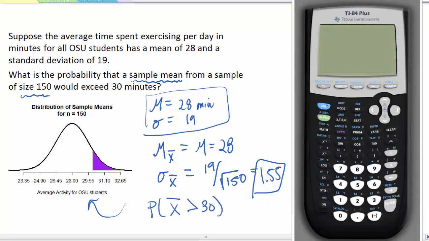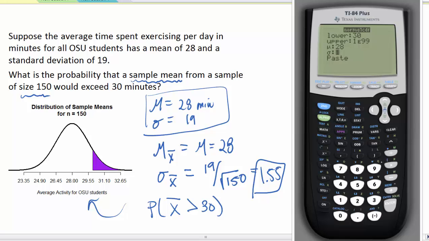So we can go to second, distribution, scroll down to normal CDF, and here we want to put in our lower bound, that'll be 30. The upper bound will be infinity. Again, this is 1 second EE to the 99. That'll be a really big value. Our mean is 28, and then the standard deviation is not 19.